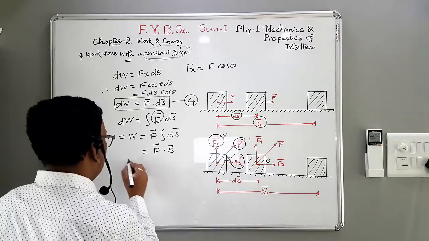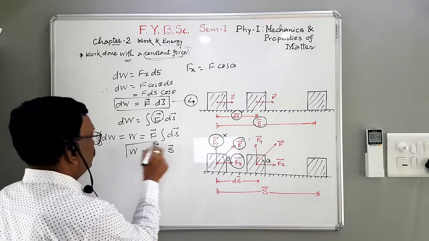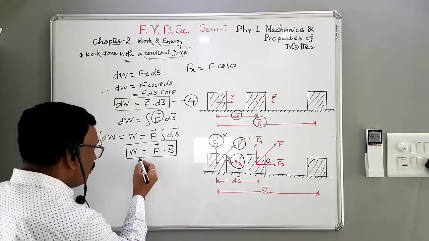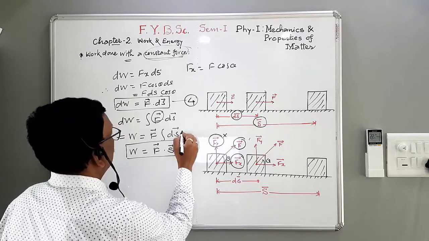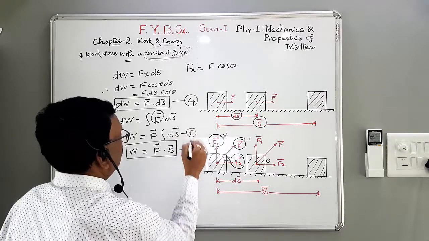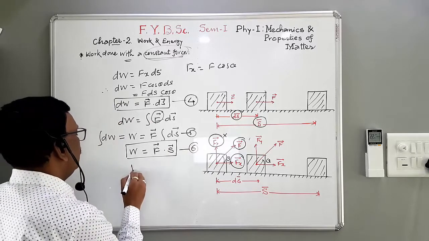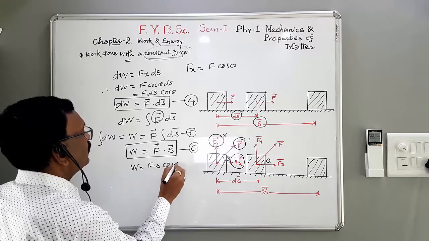Okay. Therefore, this is the total work done for the entire displacement. From this, suppose this is equation 5 and this is 6. From equation 6, we can write W is equal to Fs cos theta.